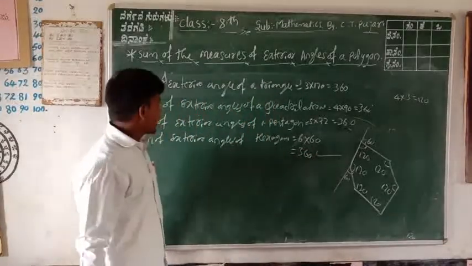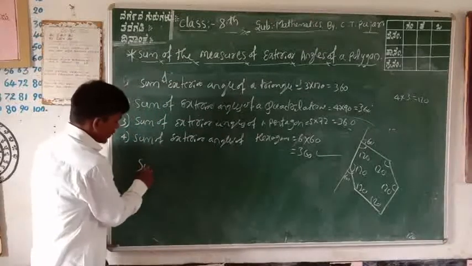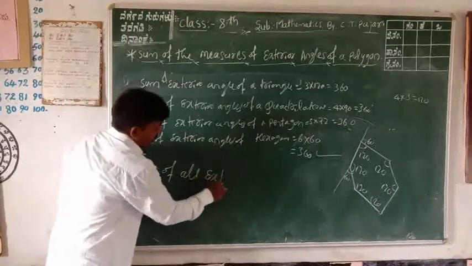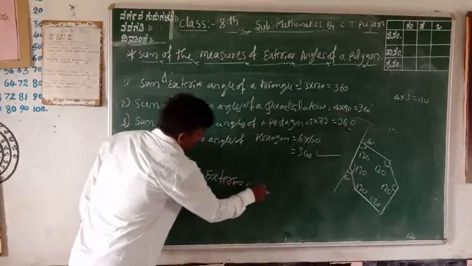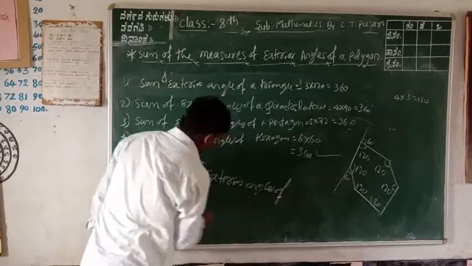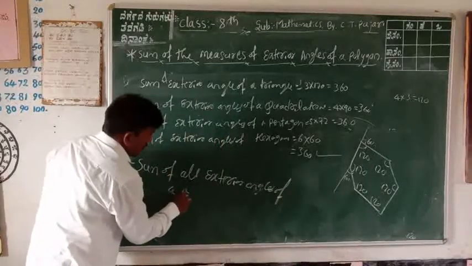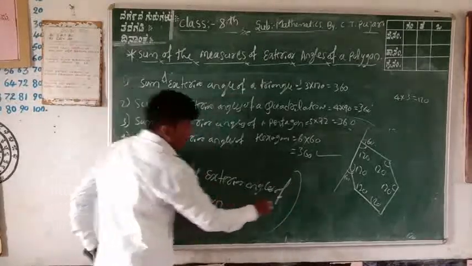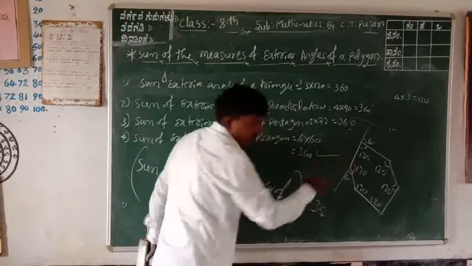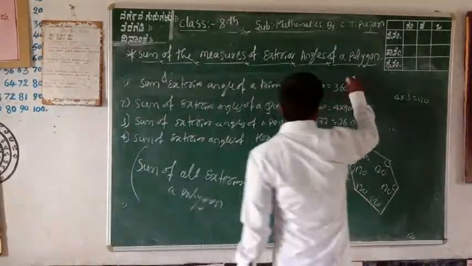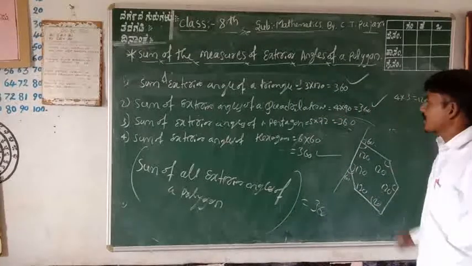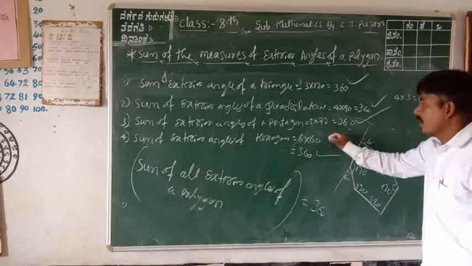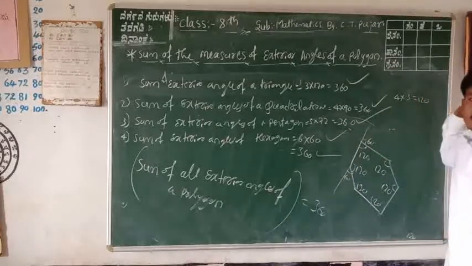One condition: the sum of all exterior angles of a polygon is 360 degrees, a constant. Because the triangle is 360 degrees, the quadrilateral is also 360 degrees, the pentagon is also 360 degrees, and also the hexagon and heptagon, these are all 360 degrees.